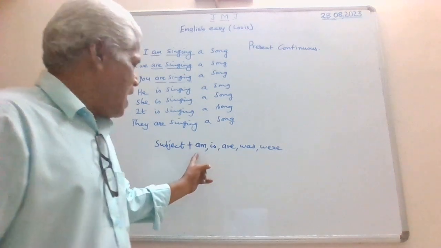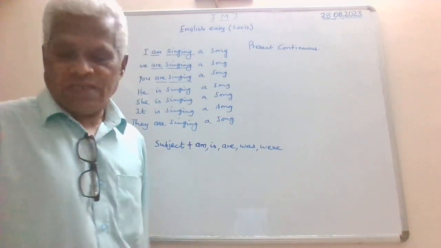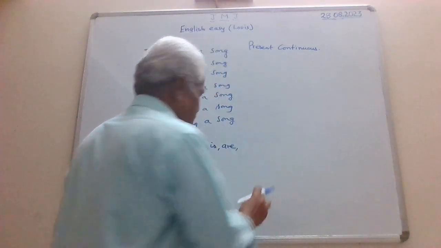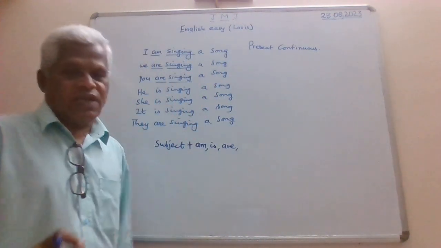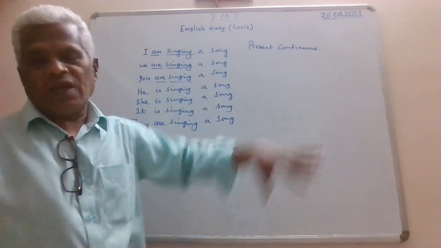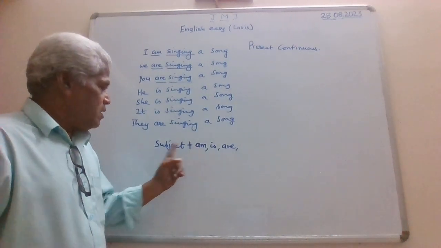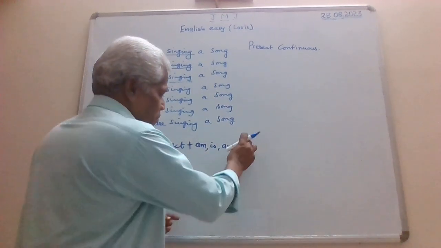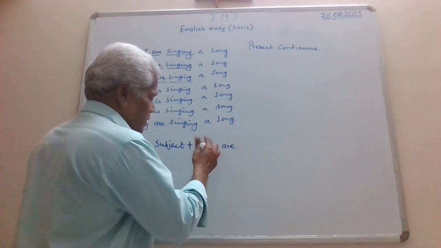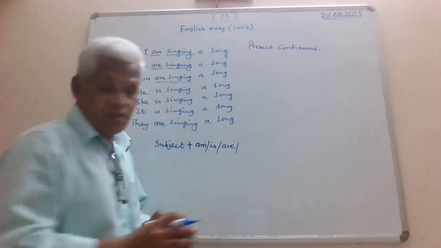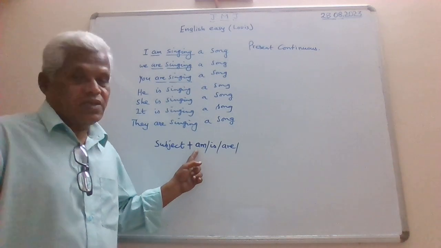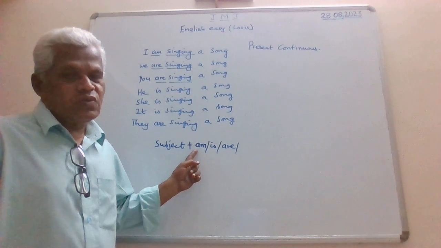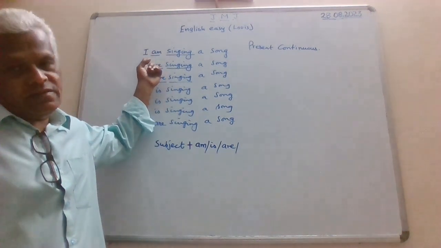We will come back to this later. So let me stick to only these three here, because was, were will come in past continuous tense. So subject, am, is, are. You may even use a bar here so that you can easily understand. So when I write like this, you will have to make it clear in your mind. Am is used only if your subject is I.